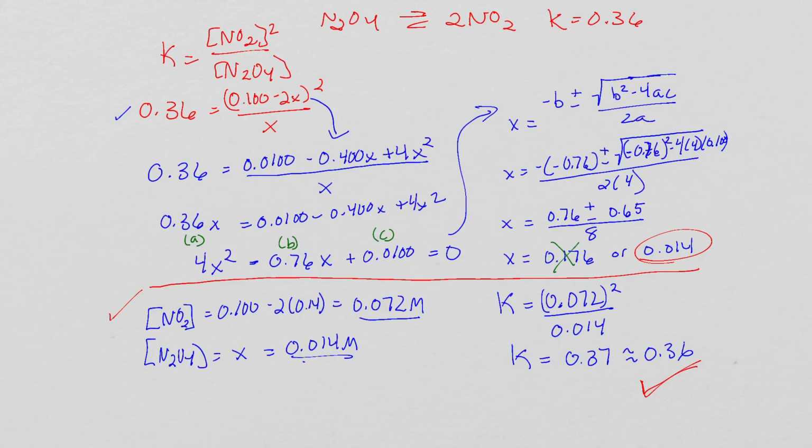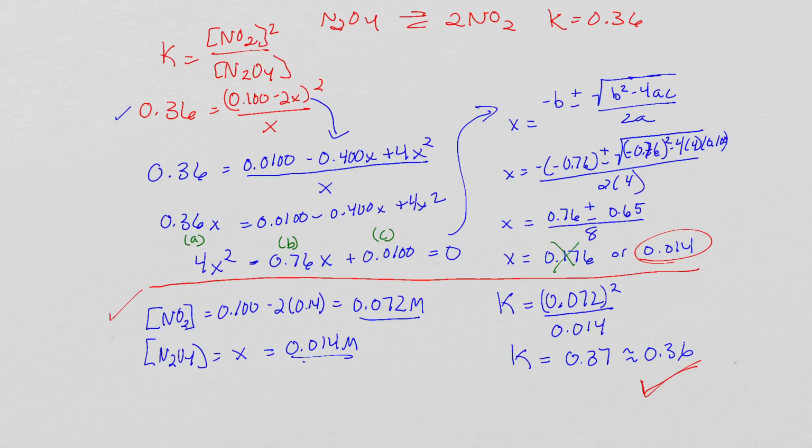So if you are approached with a problem where you only know the initial concentrations and the equilibrium constant, you're going to go through 3 basic steps. You're going to use your ICE table to find your equilibrium concentrations in terms of a variable like x. You're going to then solve for x, like we did here.